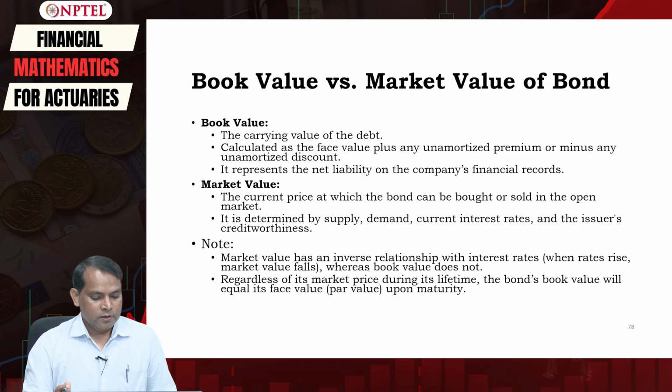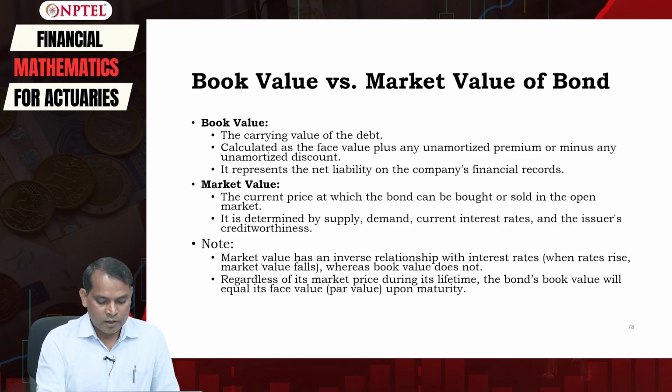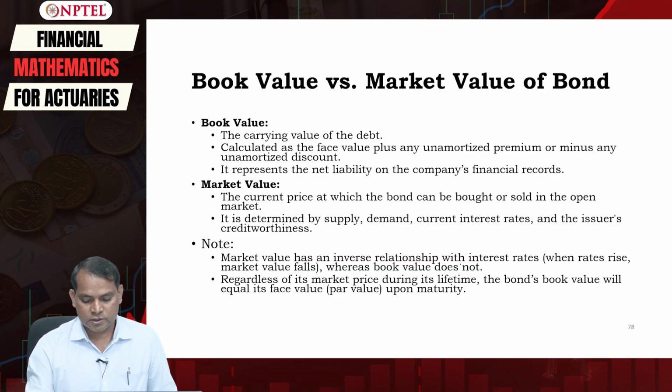Notice that market value has an inverse relationship with the interest rate. When the interest rate rises, the market value falls, whereas book value does not. The market value will change, but the book value will remain the same.